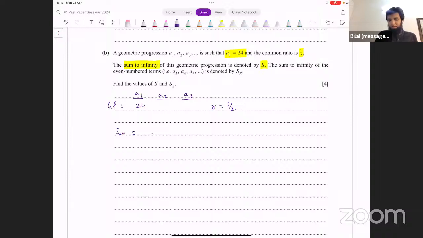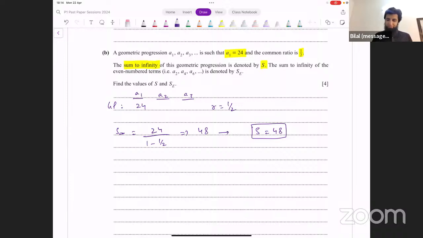A over 1 minus r, a is 24, divided by 1 minus r, that's 1 minus 1 over 2. And that will be 48, right? Yeah, so it should be 48. Sum to infinity for the first GP is 48. They called it S, so we can say the value of S is 48. That's one thing that we were looking for.